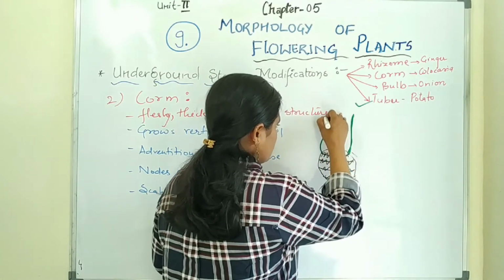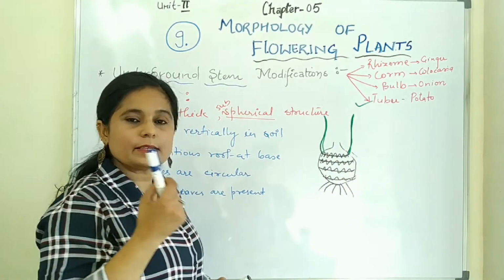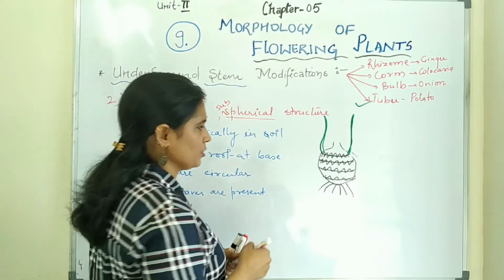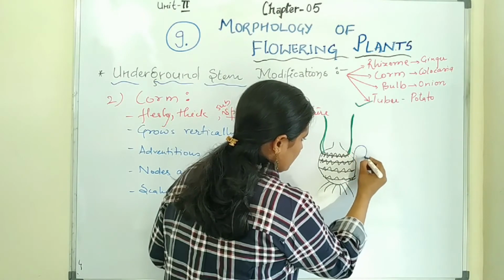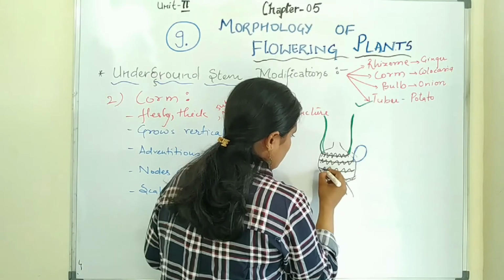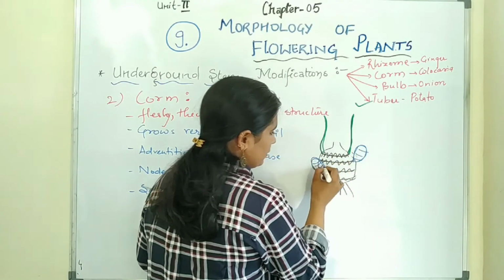Fine, like this you will see. And as it is a stem which also helps in vegetative propagation, you will see there are buds coming out from the nodes like this.